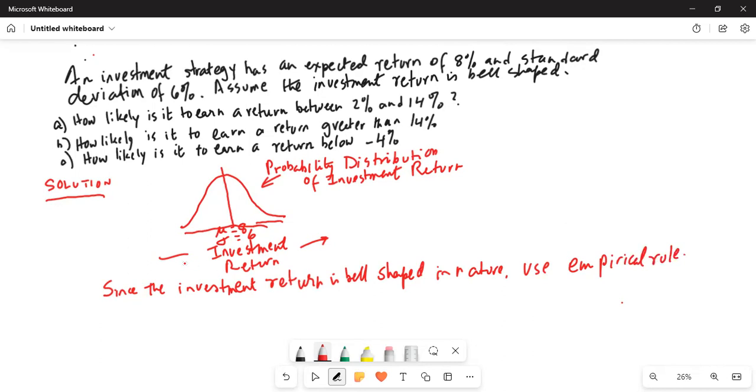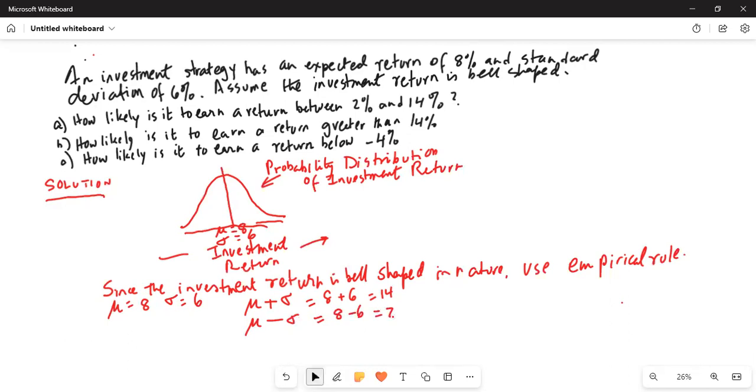Now we have been given mu is equal to 8 and sigma equal to 6. So mu plus sigma is 8 plus 6, equal to 14. And mu minus sigma is 8 minus 6, equal to 2.